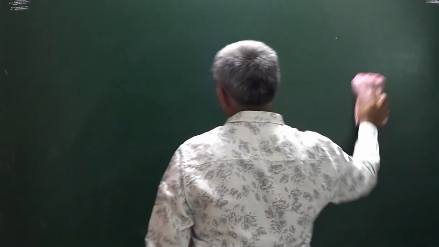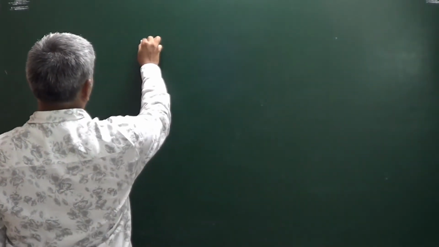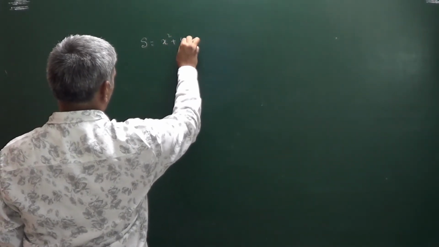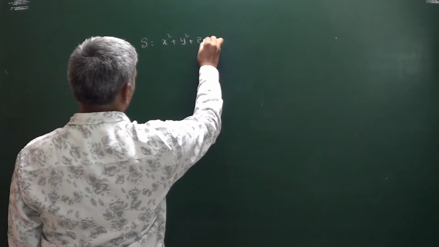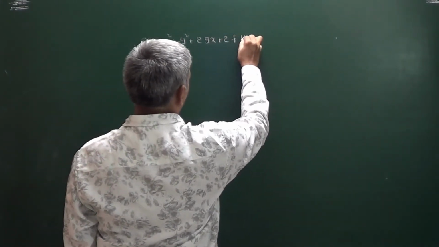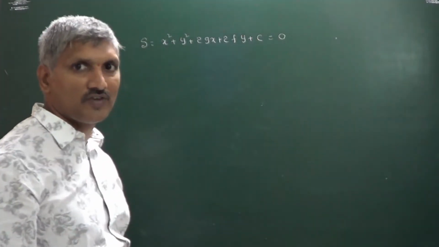As we discussed in the previous session, what is the general form of the equation of a circle? S is equal to x square plus y square plus 2gx plus 2fy plus c is equal to 0 is the general form of the equation of a circle.